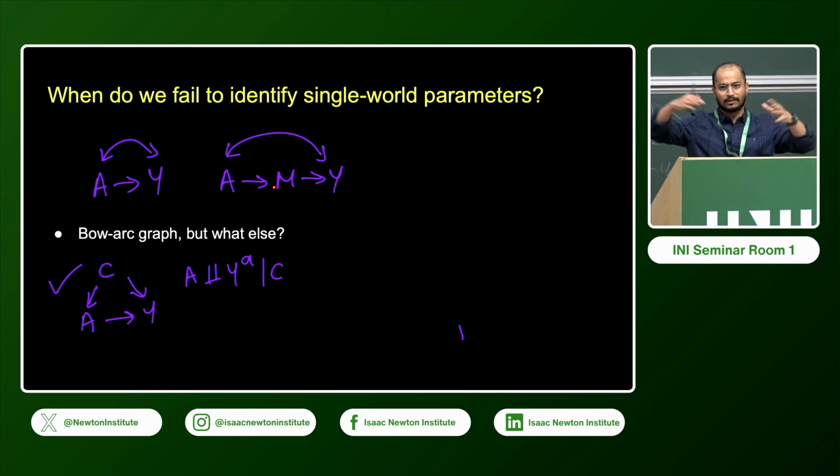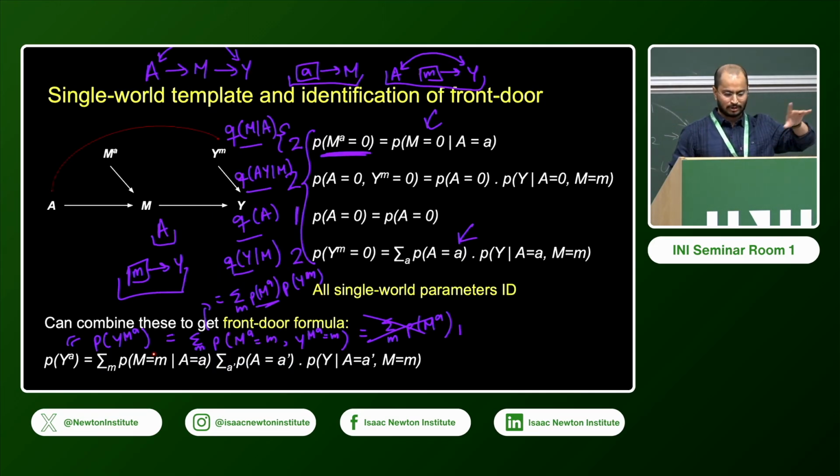And so you could expand this graph out and make it a lot larger, but as long as your treatment does not have bidirected edges to any of its direct children, it turns out that you're completely fine. And in fact, the identification formula looks almost exactly like front door, just with a few variables added. So you get multiple conditional probabilities over here, and then multiple conditionals over here, but otherwise it's roughly the same.